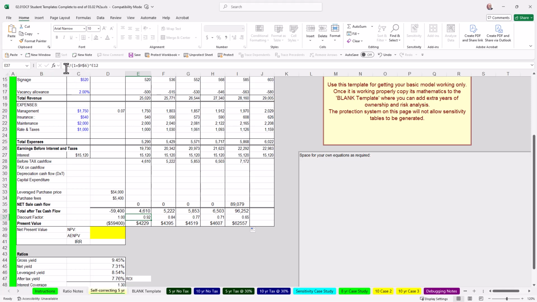The other 2 is either to leave out the 1 over and to use a negative exponent. That might send you back to your high school maths to remember what negative exponents do, but basically they turn a number into its reciprocal and raise it to the power. So here we're raising it to the power of the year number, and we're making a reciprocal, in other words 1 over, by using the minus.